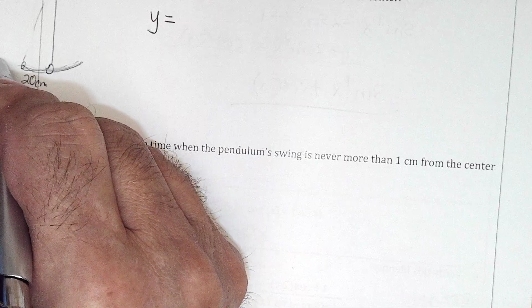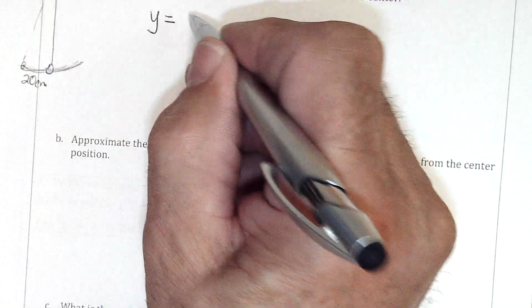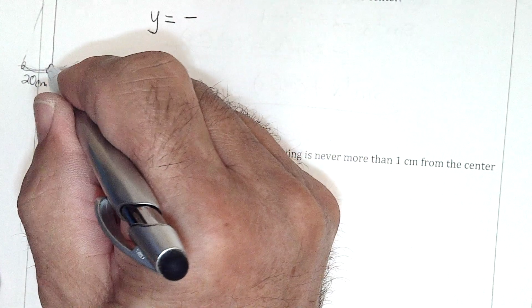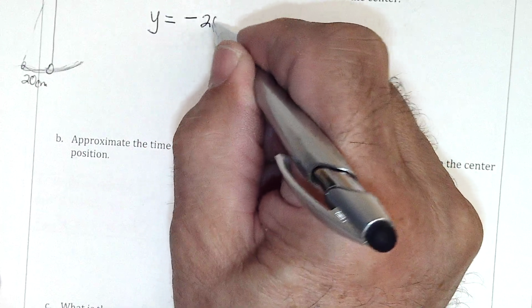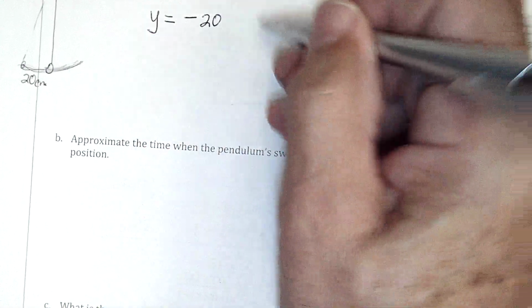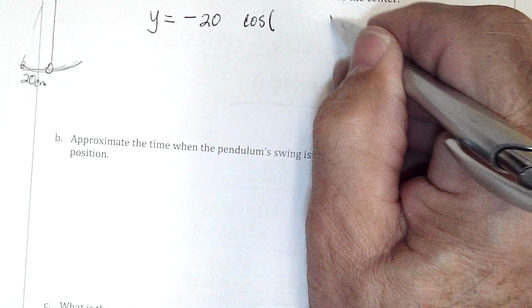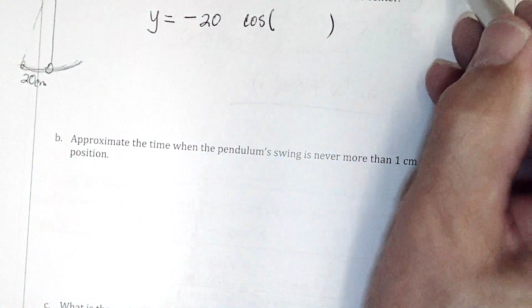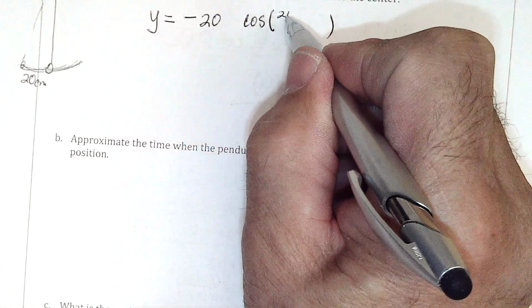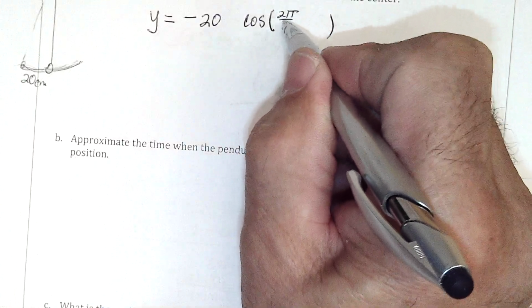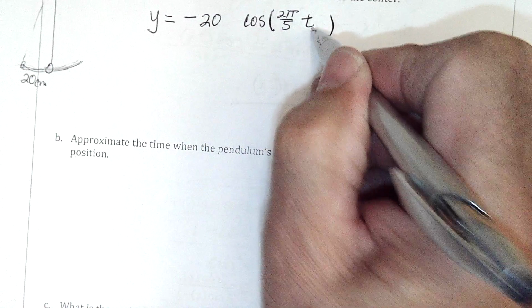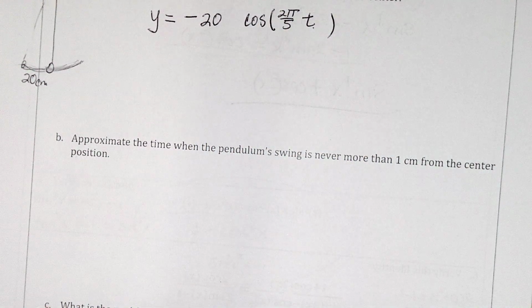Normally, if I make it to the left, that's normally negative. So I'm going to just write negative, and it's pulled over 20. So it's going 20 off the center. Cosine, and its period is 5 seconds, so it's 2 pi divided by 5 t, where t is in seconds.